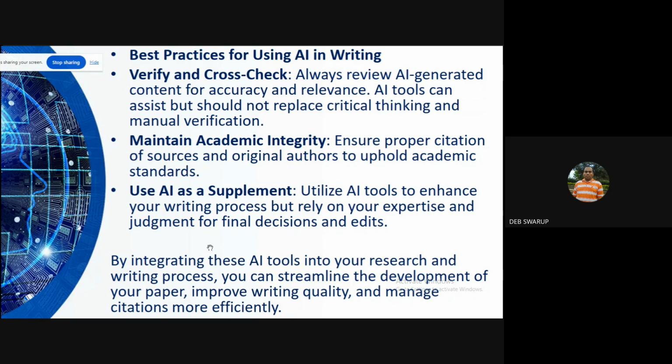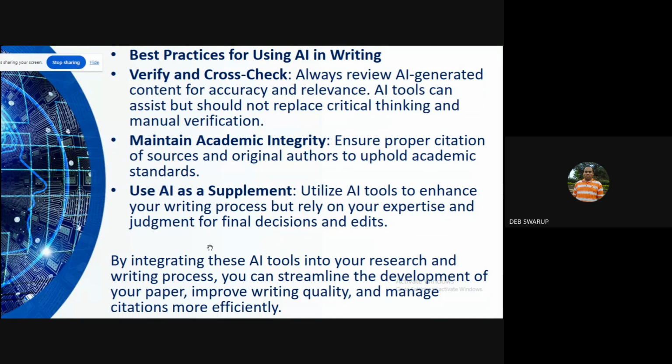There is a high possibility that ChatGPT and Gemini will give you redundant content. Some part of it will be redundant. When I say redundant, it means it will not have any meaning, but it will be there. A couple of lines will be there. So please verify and cross-check them.